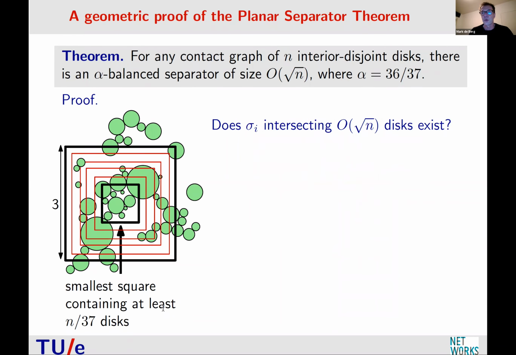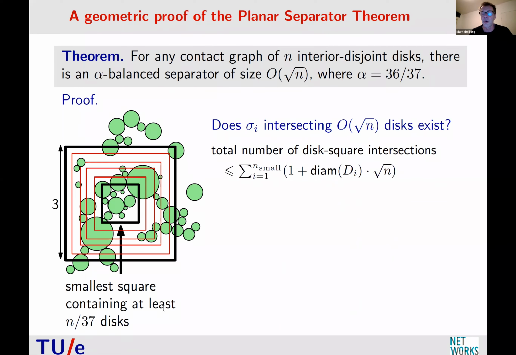Okay, so the final thing is I claimed that, well, one of these red squares will intersect square root of n disks. Why is this true? Why does such a sigma i exist?